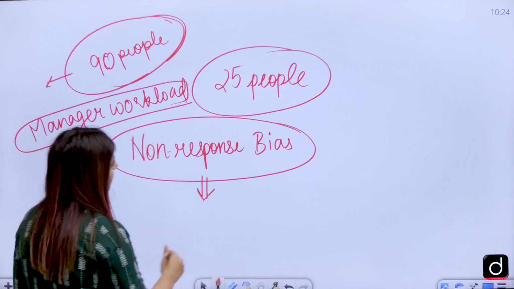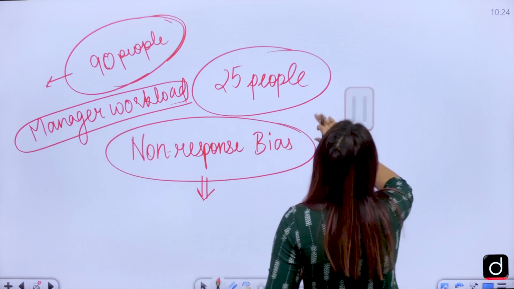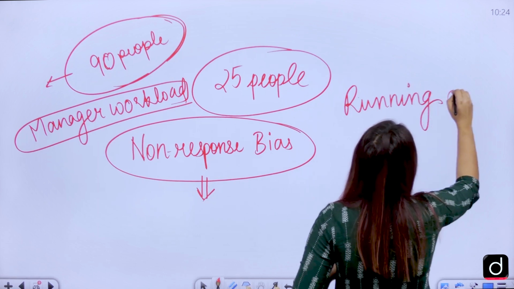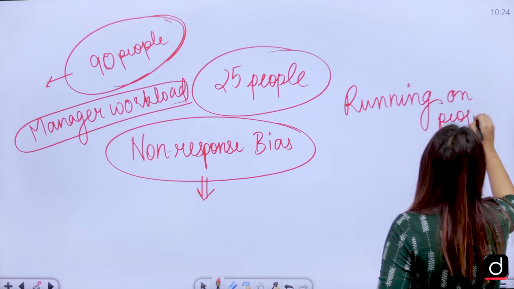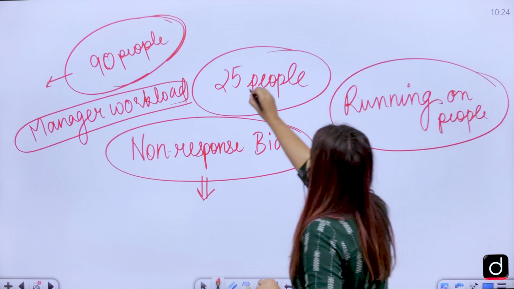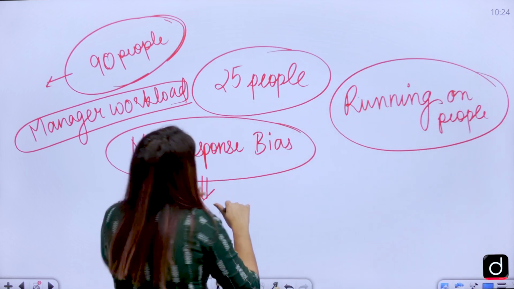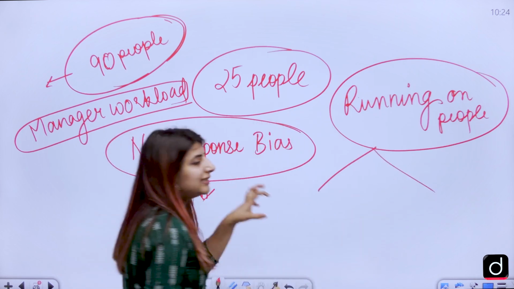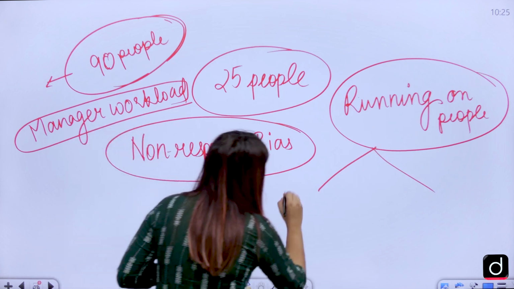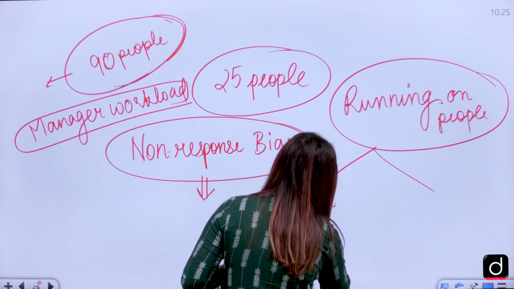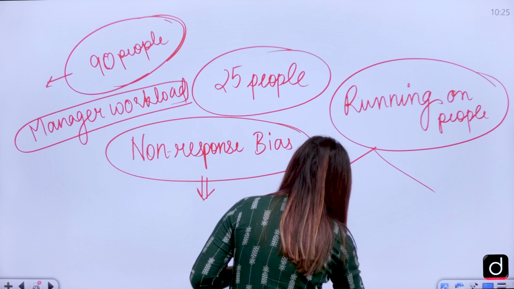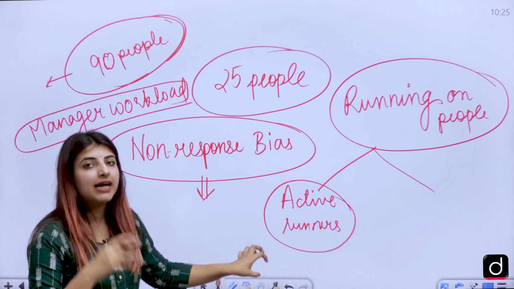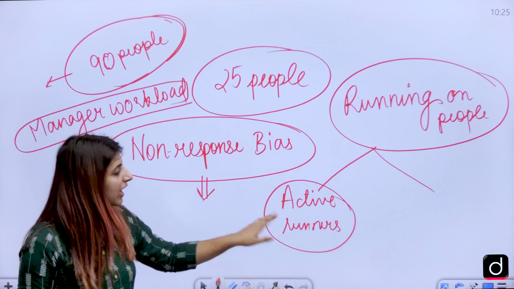Again, next example, if I talk about the effect of running on people, and I have chosen a sample of 25 people from the same society or the same colony, some of them answer me. Of course, the people who are active runners will answer my questions with full enthusiasm. They will participate in the survey and answer all the questions.